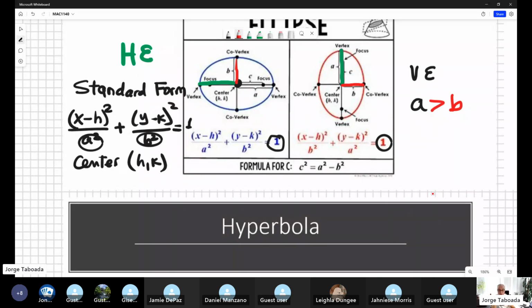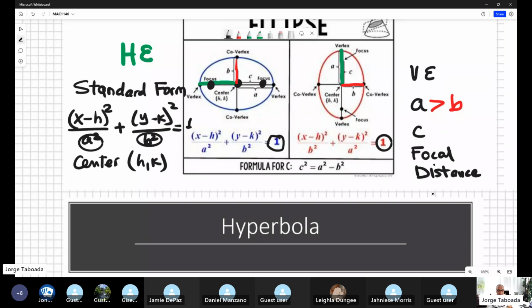But we have another important one, which is c. c is the focal distance. Our ellipse, guys, has two foci. Two. A focus is an important point I need to plot to understand the graph of the ellipse. We have two.